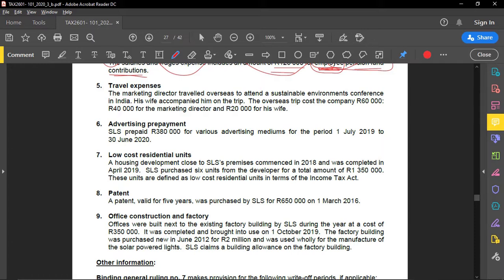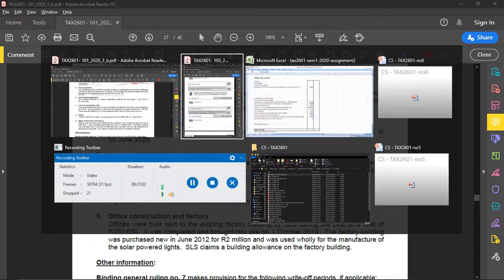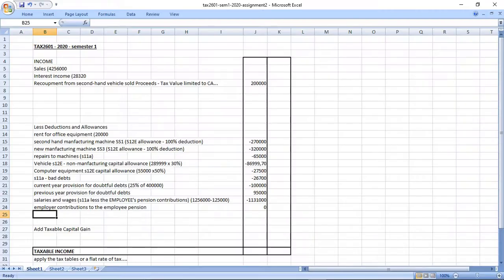You would be able to claim a portion of this only for the director, so the 40,000. The marketing director had 40,000. The wife had 20,000. So the overseas trip would be deductible, but limited to what was for business, as a Section 11A business travel deduction.